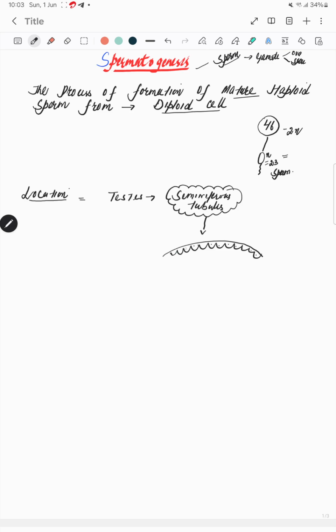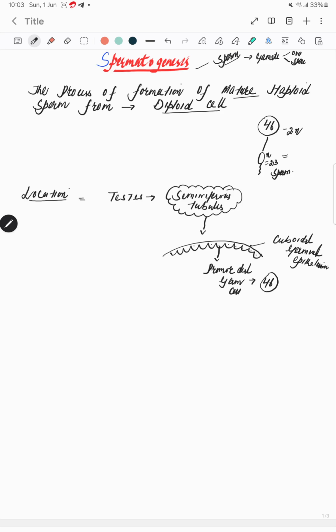The seminiferous tubules are lined by cuboidal germinal epithelium. This germinal epithelium develops some cells known as primordial germ cells, having 46 chromosomes.